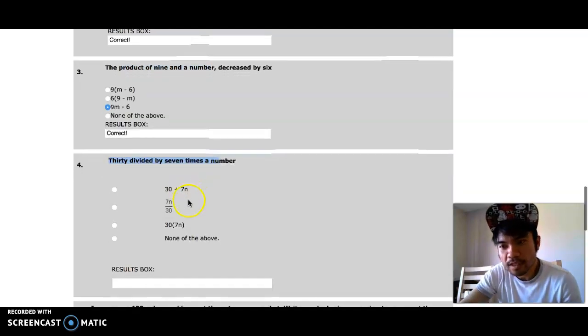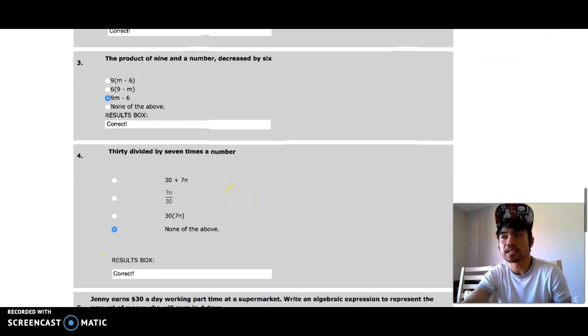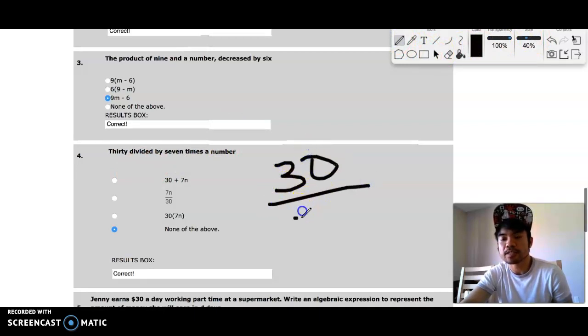So I think it's none of the above. So what it should look like is this. I'm just going to quickly write this down on a pen tool: 30 divided by 7 times a number. I was looking for this answer on the website, but it didn't say it, so it's none of the above. All right, let's move on.